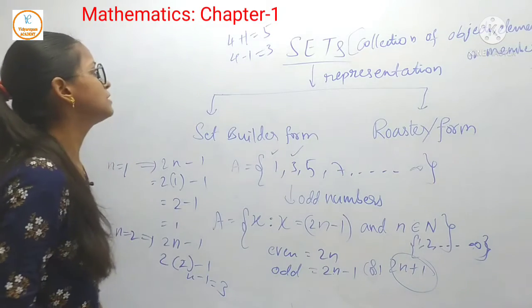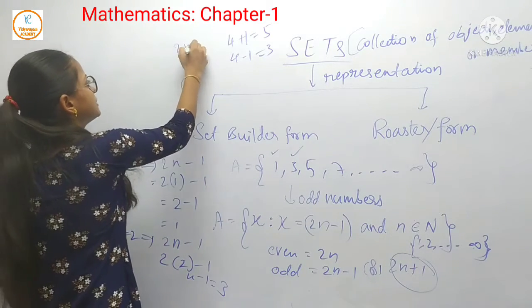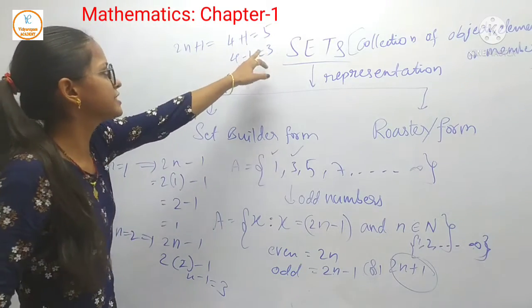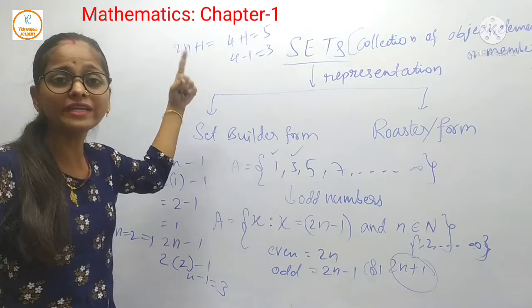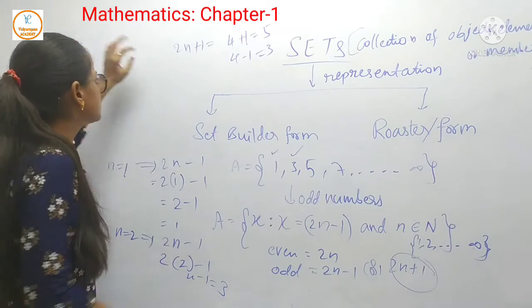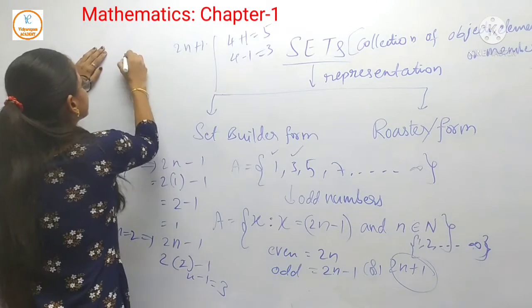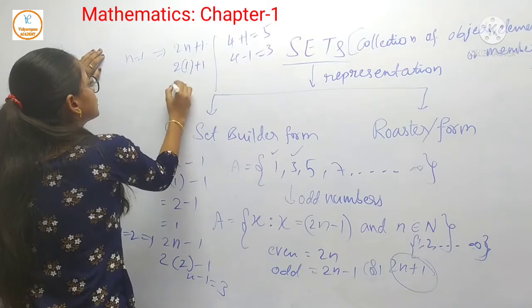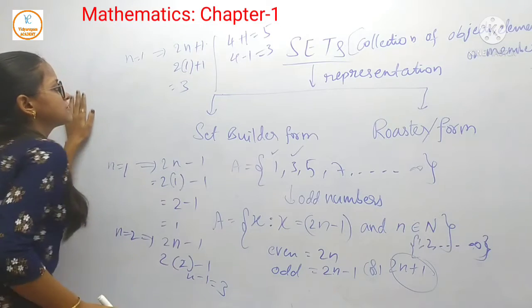Now, what about this other formula, the example I wrote here, 2n plus 1? It also gives odd numbers, but why did I not consider it? For this formula, if I consider n as 1, then 2n plus 1 is 2 plus 1, which is 3.